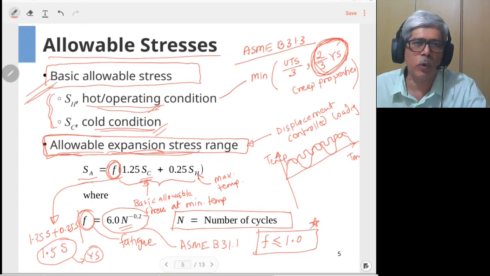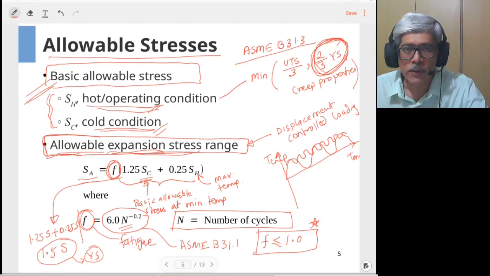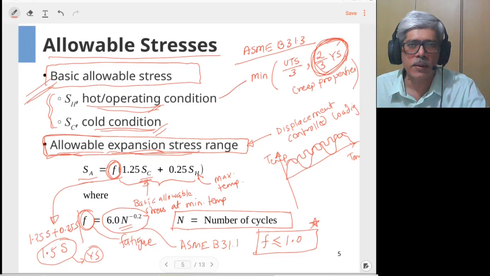So if you are having more and more cycles, the allowable stresses keep on reducing. That is the meaning of this. So these are the two basic stresses. For the occasional load case, the basic allowable stress is increased by a factor which is approximately 1.15 to 1.2, which we'll see towards the last of this particular session.